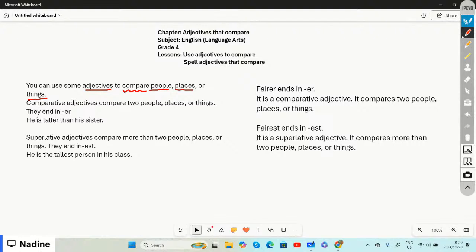So when it comes to adjectives that compare, we have comparative adjectives, and then we have superlative adjectives.